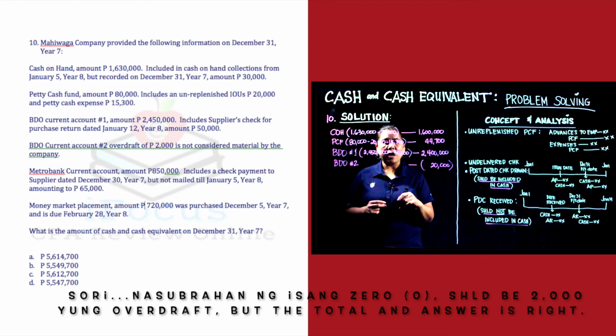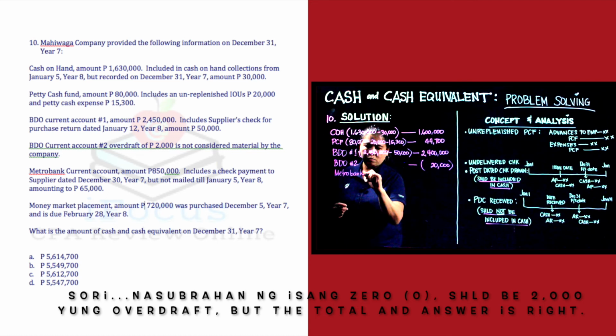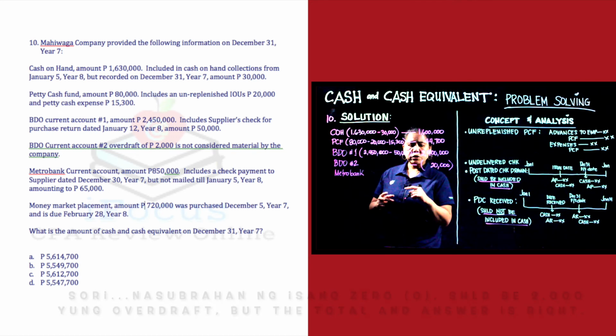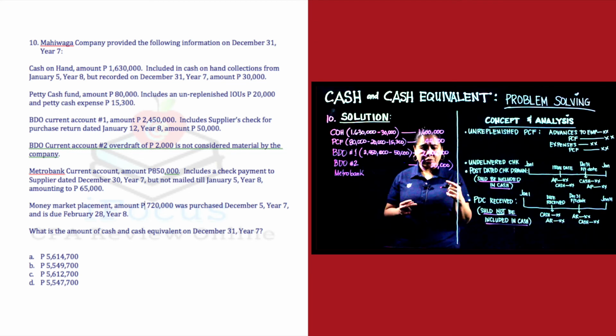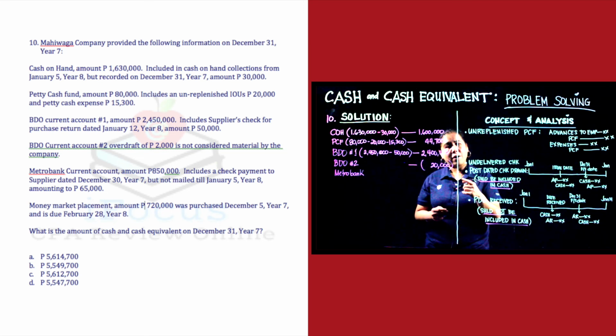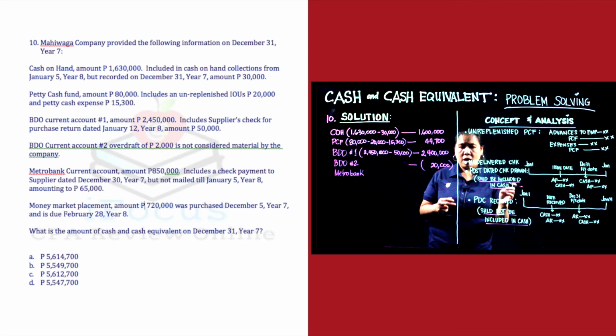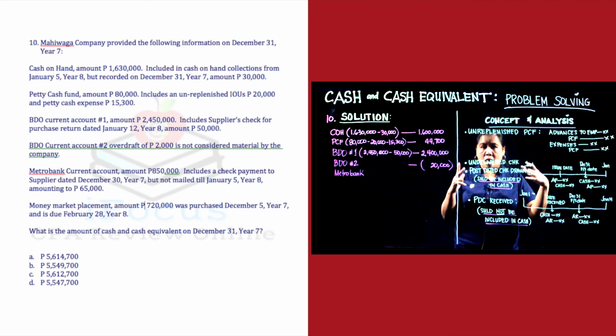Metrobank current account amounting to 850,000. Metrobank, alright, includes a check payment to supplier dated December 30 but not mailed till January 5 amounting to 65,000. So ano ba itong 65,000? Undelivered check. Sa undelivered check, kailangan included pa rin yan sa ating cash. Bakit? Kasi hindi nga mai-encash ng supplier dahil nasa kamay pa ng company.